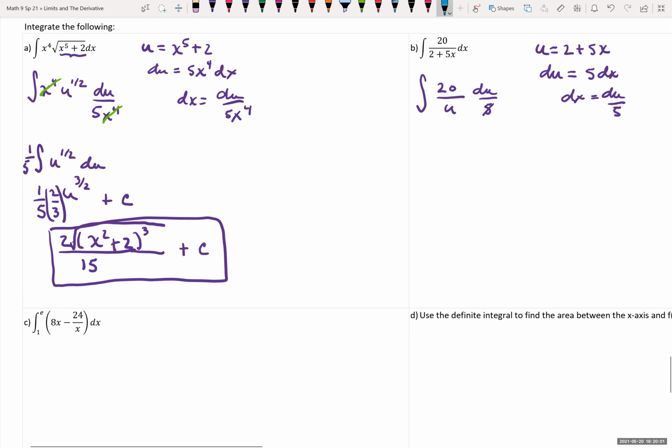And that's the case. So recall what you can take the derivative of to get back 1 over u is the natural log of u. This is an indefinite integral, so we have to add c. So we have 4 natural log absolute value of 2 plus 5x, plus c.